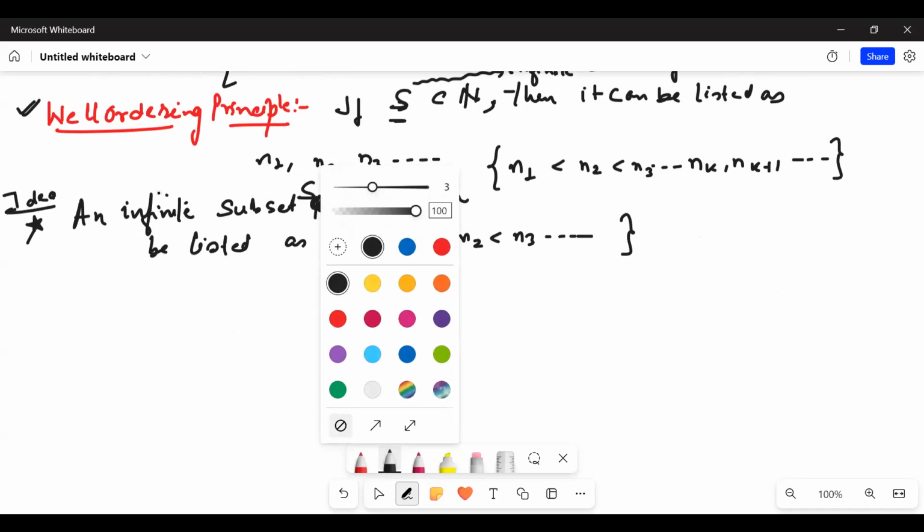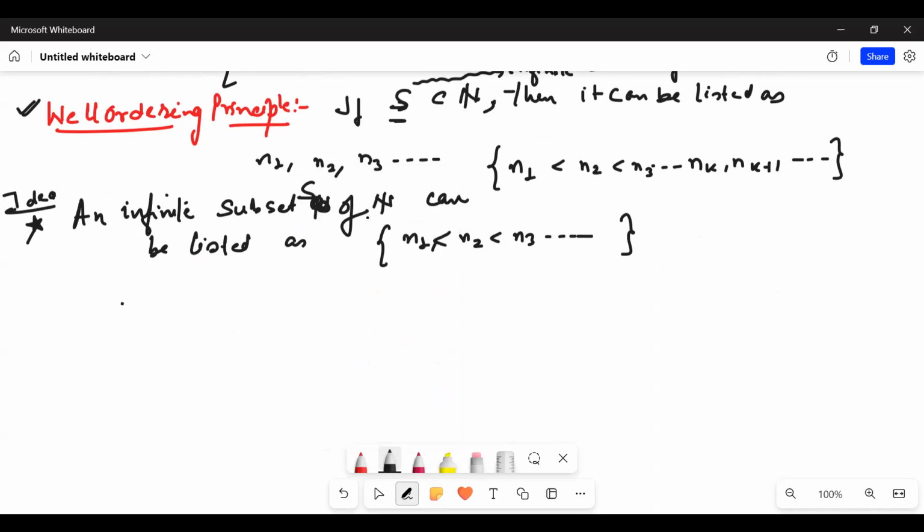Since I know this is an infinite subset, if I keep withdrawing some elements, it will still remain a non-empty subset. See how? Let us say in this particular listing I'm listing n1, n2, n3, the elements of S.